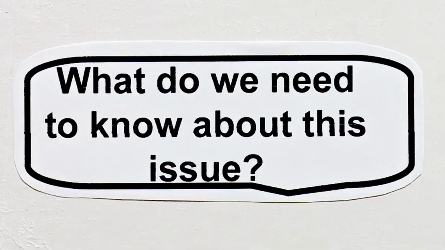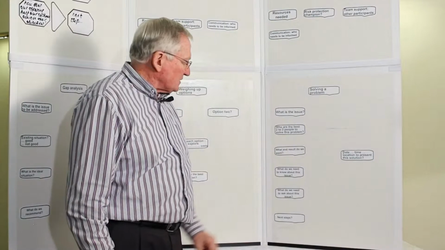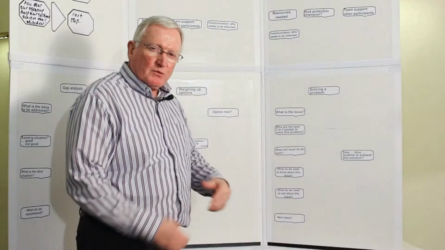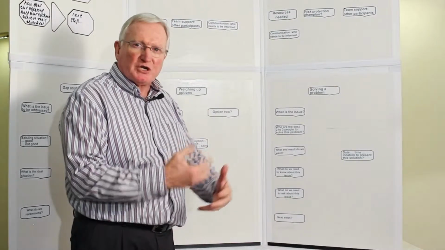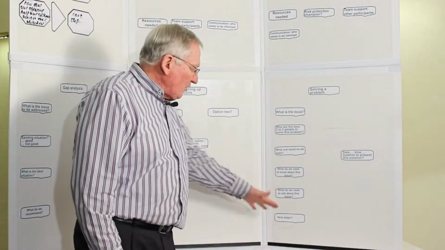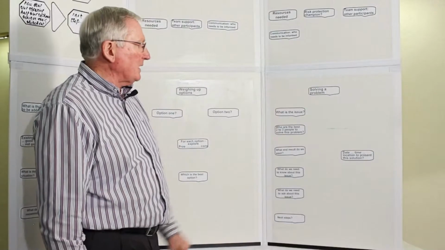And then ask the question about what do we need to know in order to start addressing this issue. What are all the things we need to know about it so we can tackle it? And then what do we need to ask about this issue? In other words, translating each of those into a question so that we can then answer the questions in a logical format. And then obviously, what are the next steps we need to take with regard to this problem that we're solving?